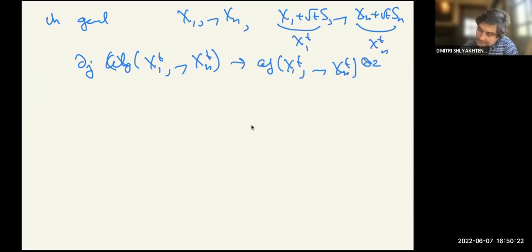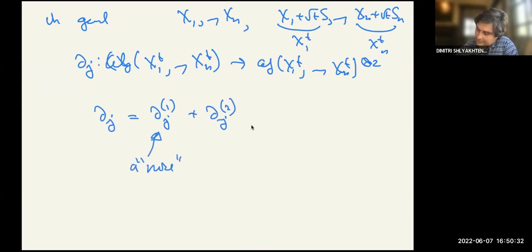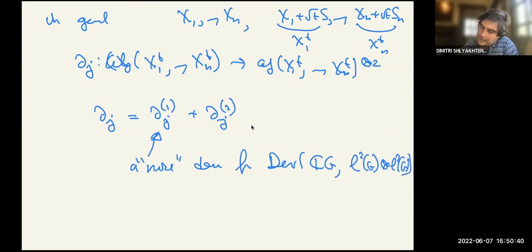But you write it as del j equals del j1 plus del j2, where here you use a nice derivation from the derivations from your group into L2 of the group, and here you just take del j minus the nice derivation.